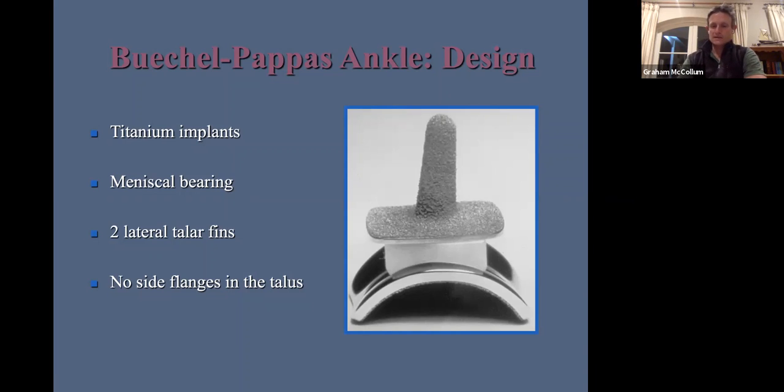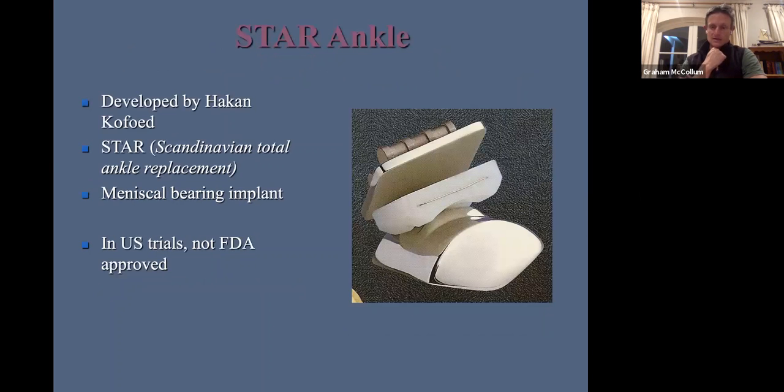But in a meta-analysis that was published last year, you can get some data from New Zealand and the Scandinavian registries, which have shown with the STAR implant, which is this one over here, that the survival rates are about 86% at 10 years in multi-center long-term follow-ups. And with the Salto, which is a Tornio one, which is just leaving the market in South Africa, unfortunately, the 10-year survival with that implant was about 88%.